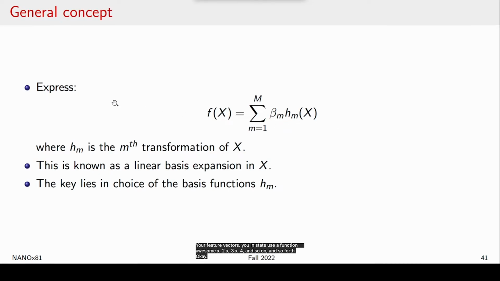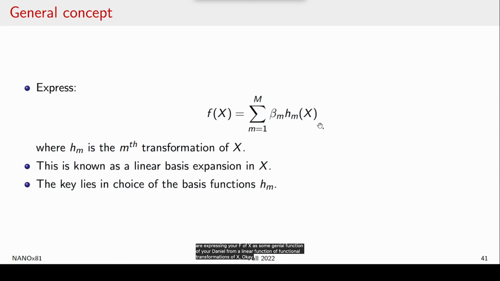So what you are doing essentially is that you are expressing your f of x as some linear function of functional transformations of x, okay? This is also why it's called a linear basis expansion in x, and obviously how well your model performs then depends on the choice of your basis functions, right?